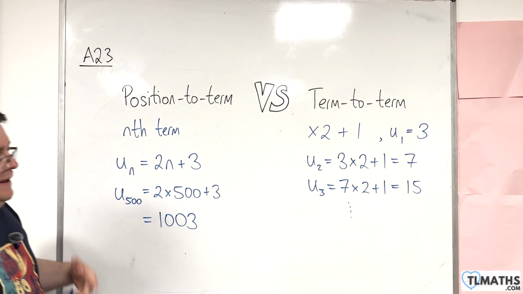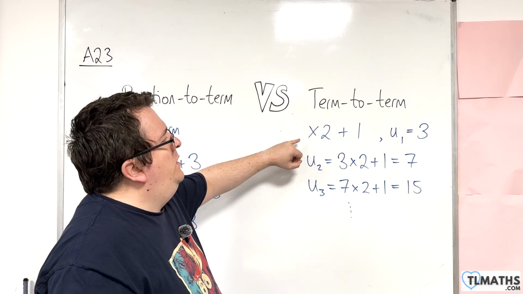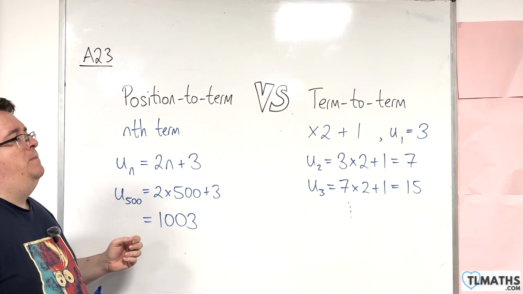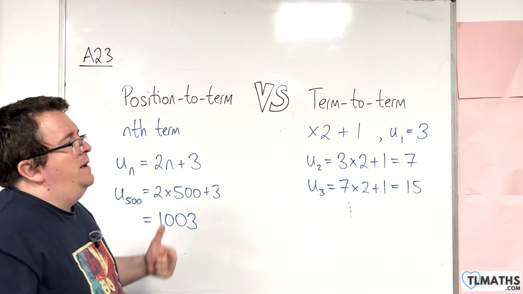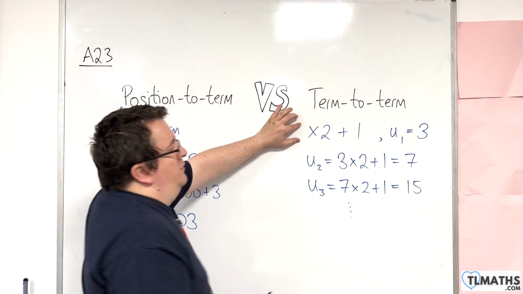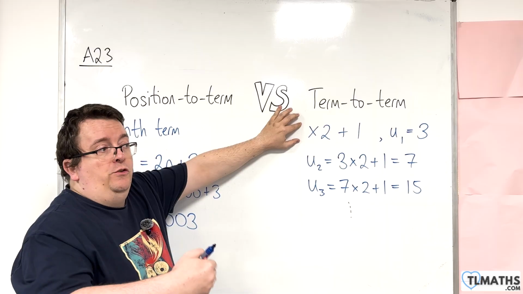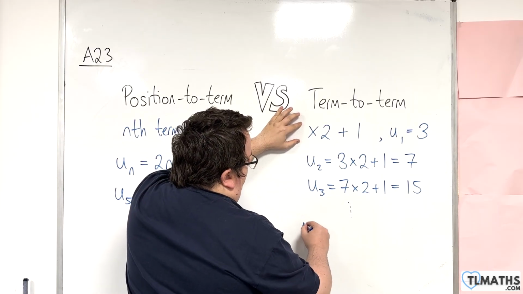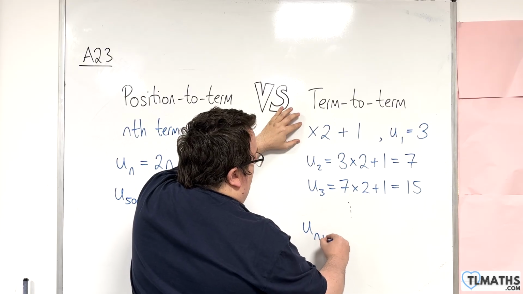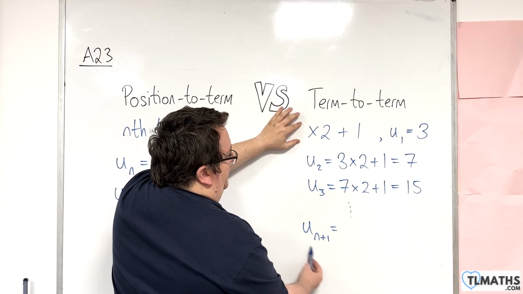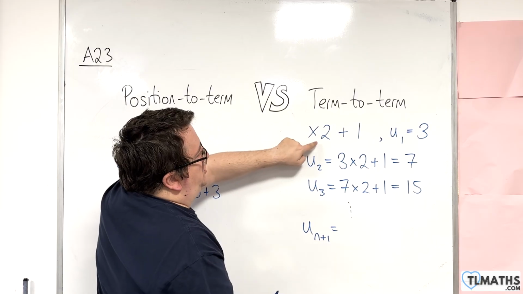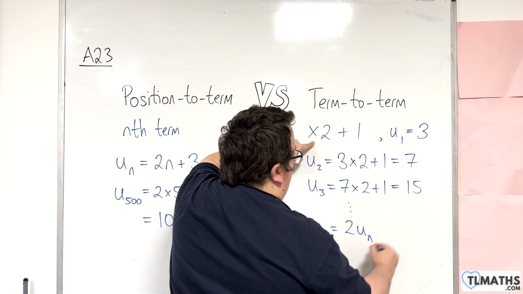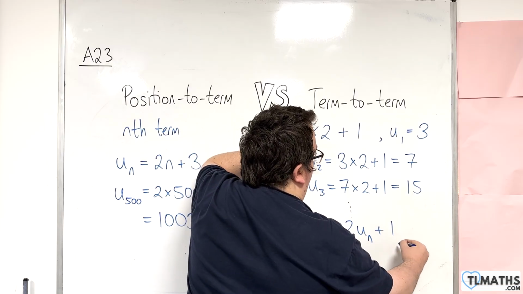Now, notationally, you can see sequences written like that, or it could be in words. Algebraically, instead of writing this, the notation that you would move up to, particularly at A level, would be this notation where you would say that the next term in the sequence, so this represents the next term, is 2 lots of the previous term plus 1.